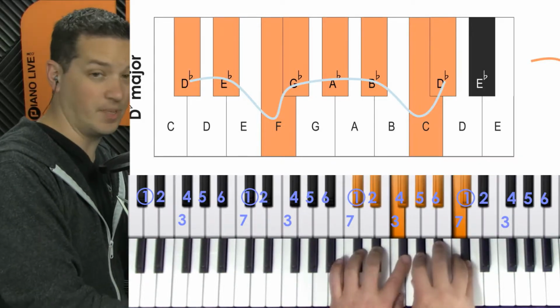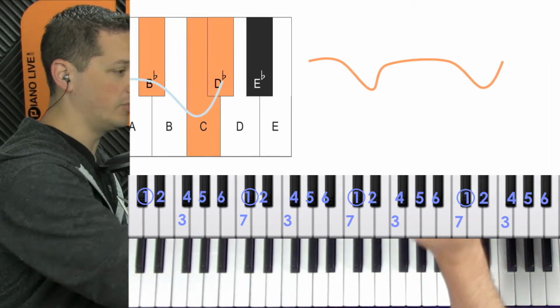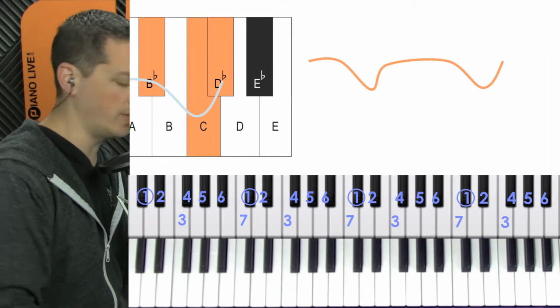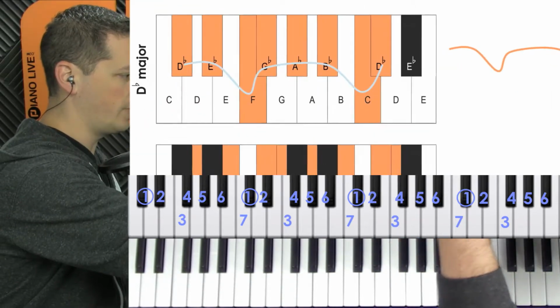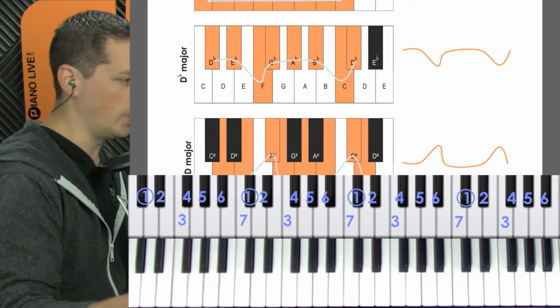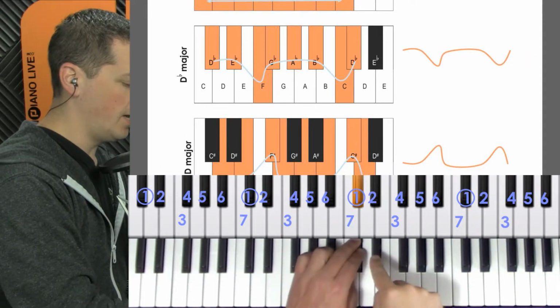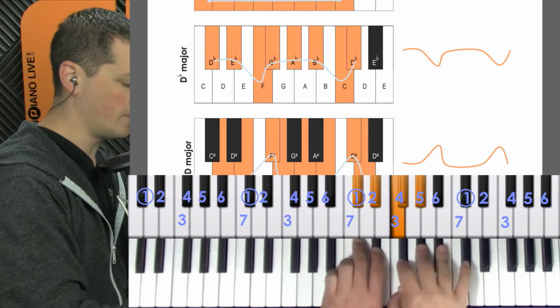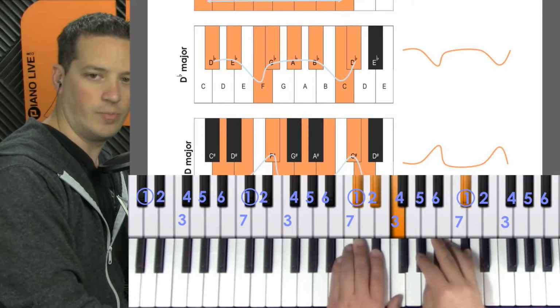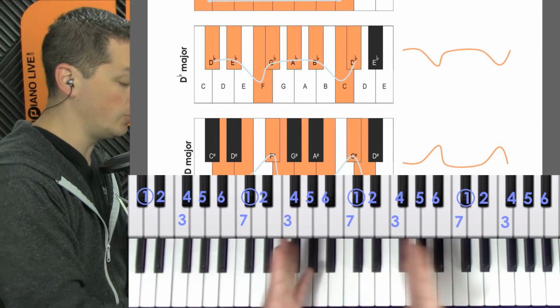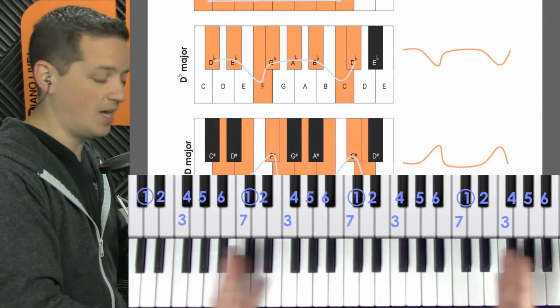And so this shape is way different than the shape that we had for C, because C was just that straight line, and now this thing throughout the piano is this repeating squiggly mark that starts on D, has this little dip right here, goes back up to the black notes, has a little dip, and then repeats back over. And then you want to be able to eventually see that over the entire piano.